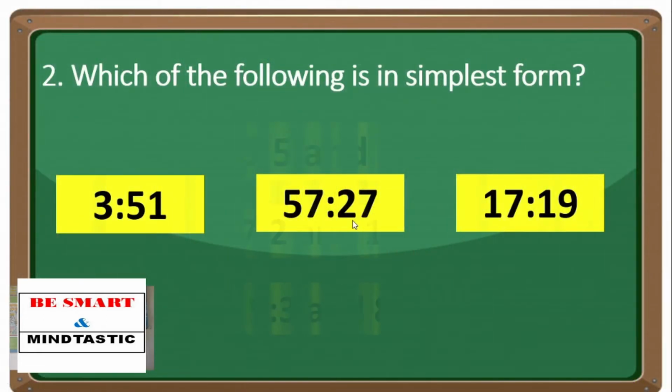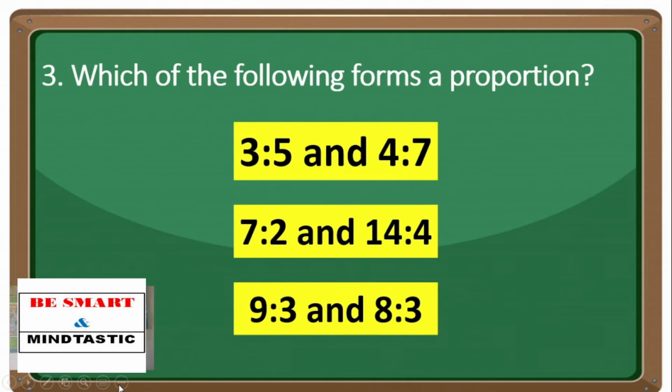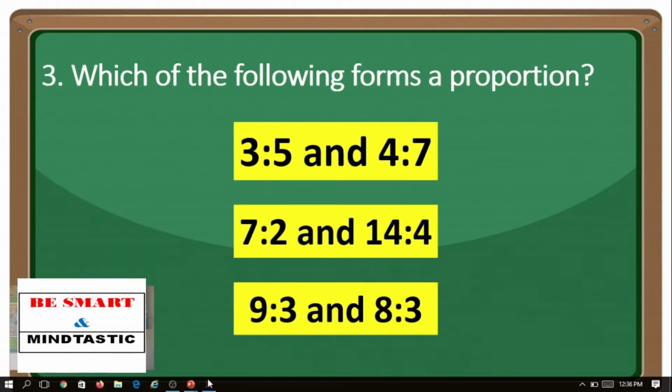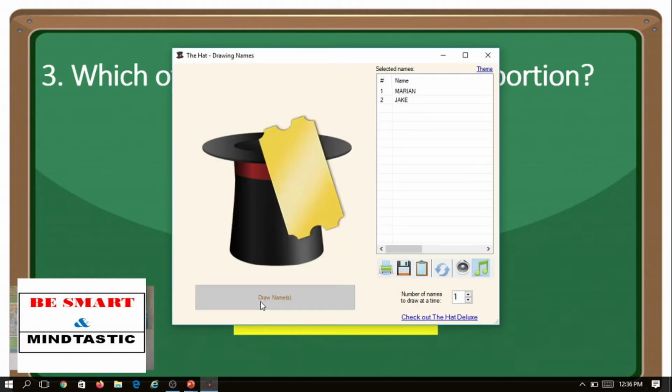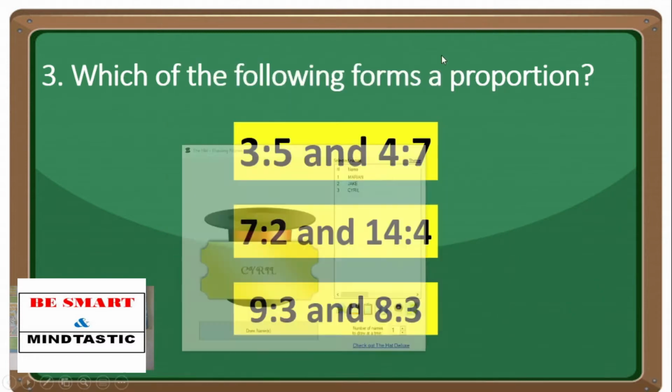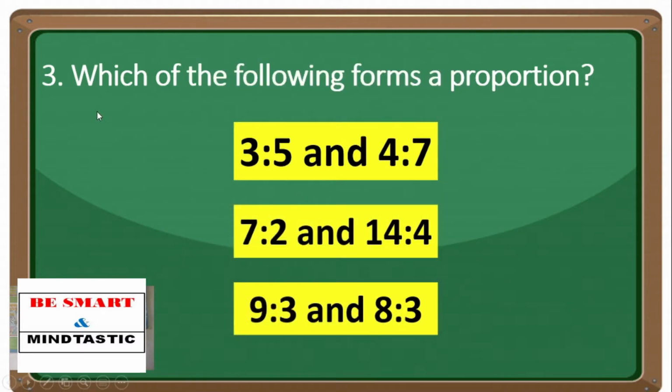Okay, very good. So let's have question number 3. I will draw a name again. And it's you, Cyril. Yes, Cyril, this is your question. Which of the following forms a proportion? 3 is to 5 and 4 is to 7, 7 is to 2 and 14 is to 4, or 9 is to 3 and 8 is to 3.